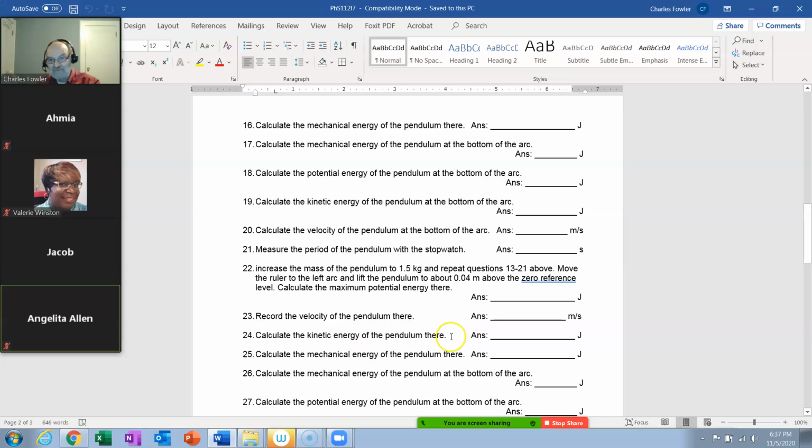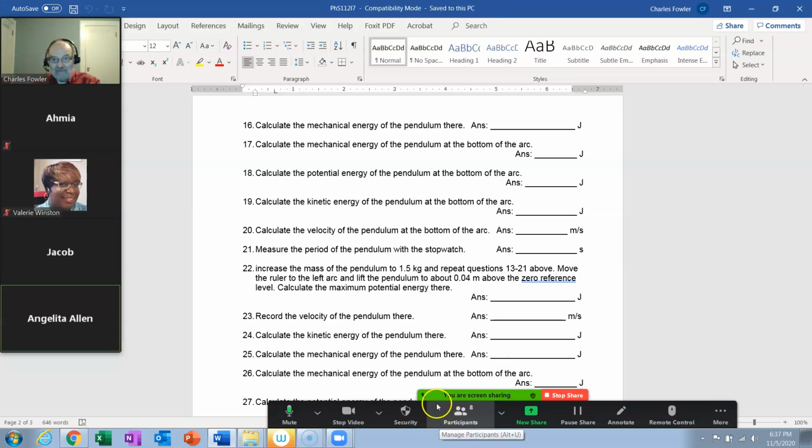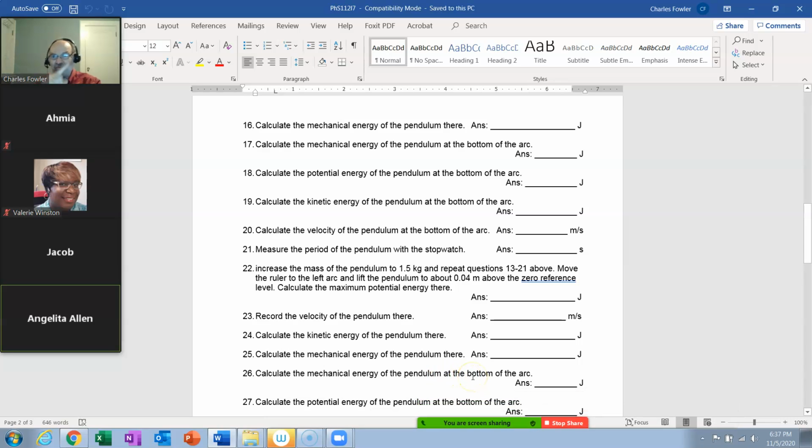What's the kinetic energy of the pendulum there? 0. Okay. What is the mechanical energy of the pendulum there? 0.588 joules. Okay. What is the mechanical energy of the pendulum when it reaches the bottom of the arc? 0.588. Perfect.